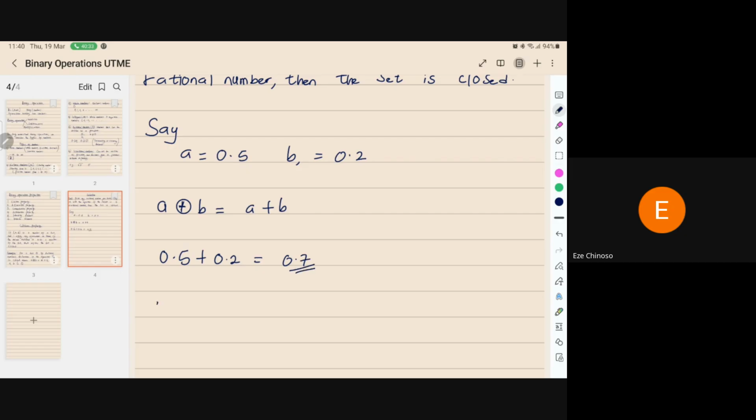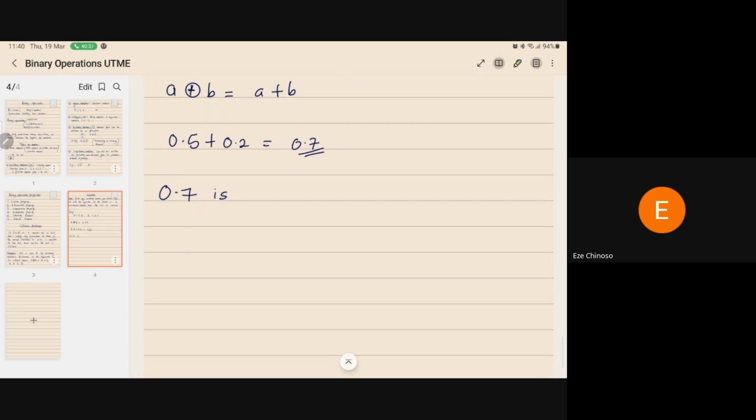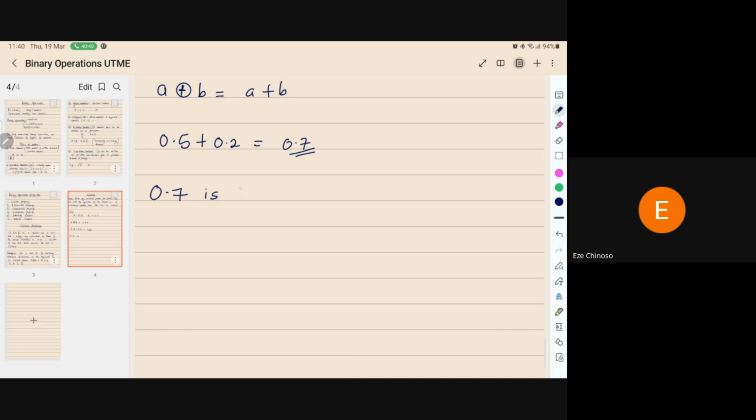And you can see that 0.7 is a rational number. Hence, the set is closed.